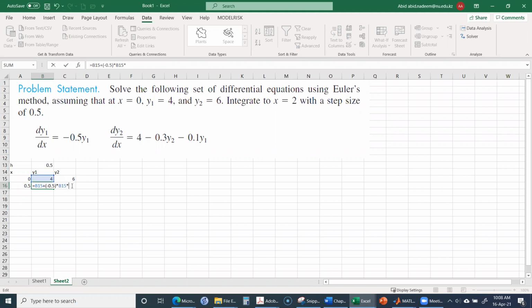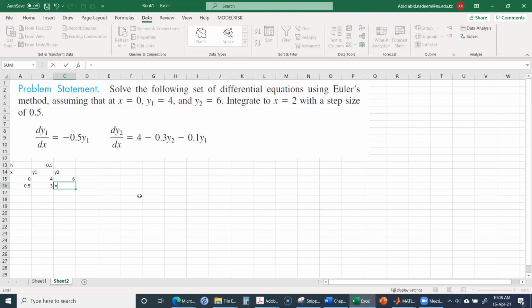H is here, and now this is the correct answer, 3. Can you see what I am typing, or is it too small? You can see it. Okay.